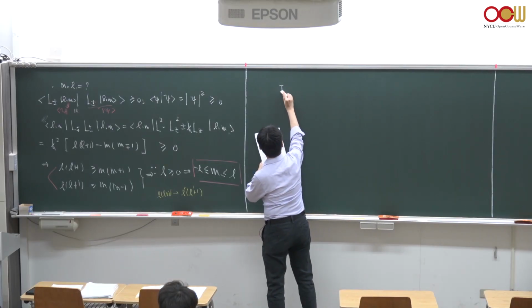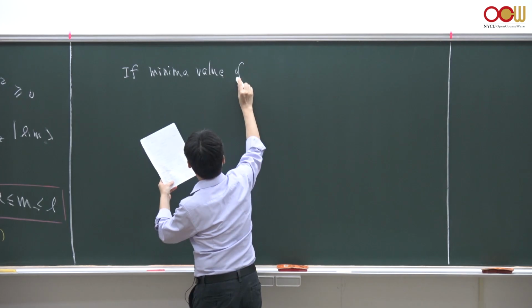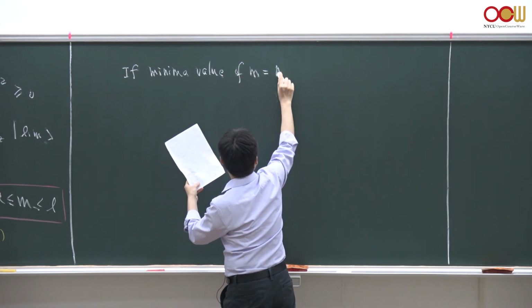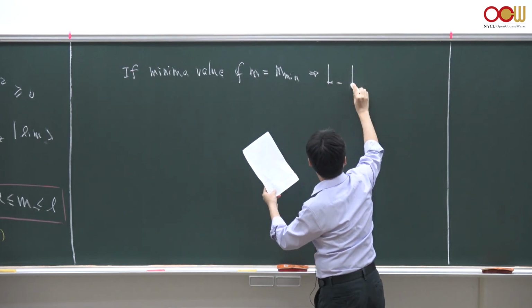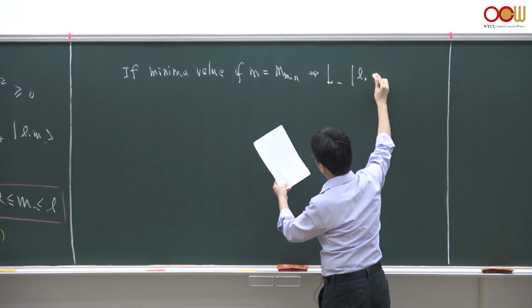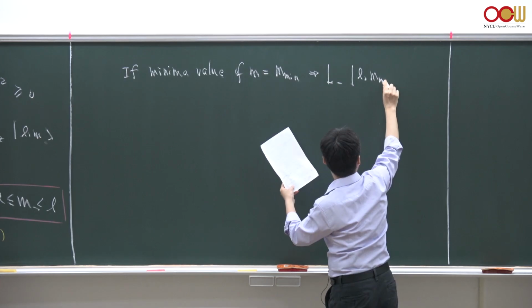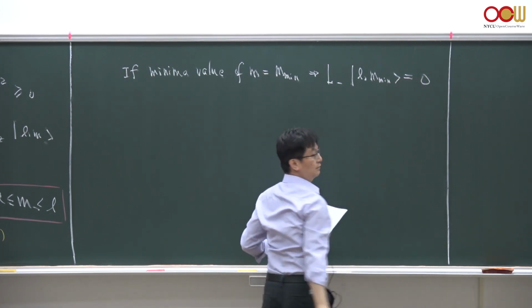Suppose the minimum value of m is called m minima. Then immediately we see that when we apply L minus to this state, L m minima, it vanishes, right?